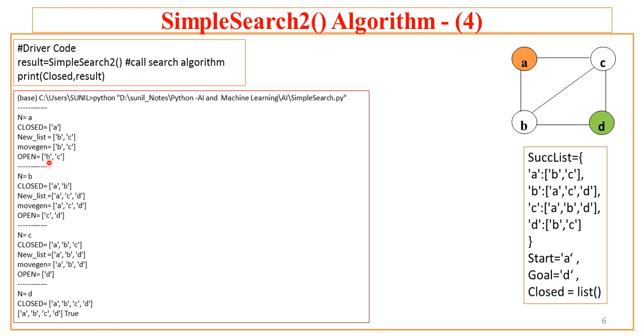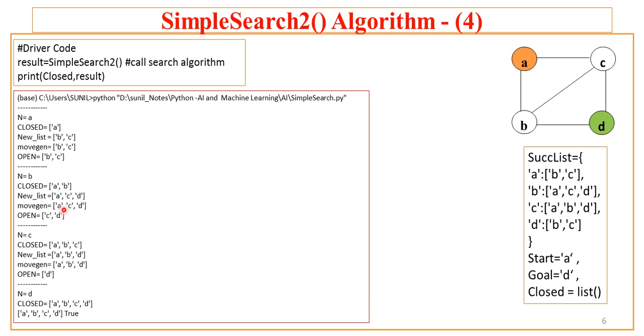Now in the second iteration it picks B. As B is not the goal, B is added to closed. The immediate successors of B are A, C, D. Those are returned by moveGen, which are stored in the moveGen variable of the simple search 2 algorithm. After that, the open is updated.